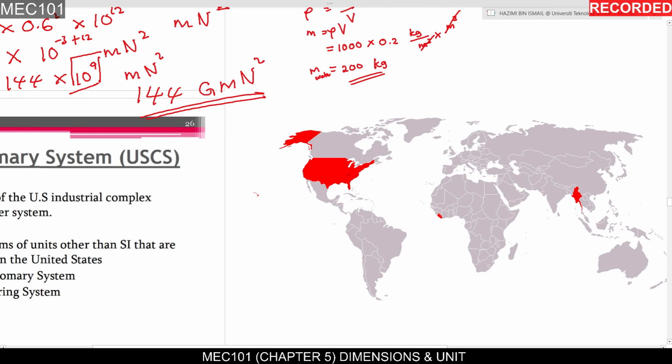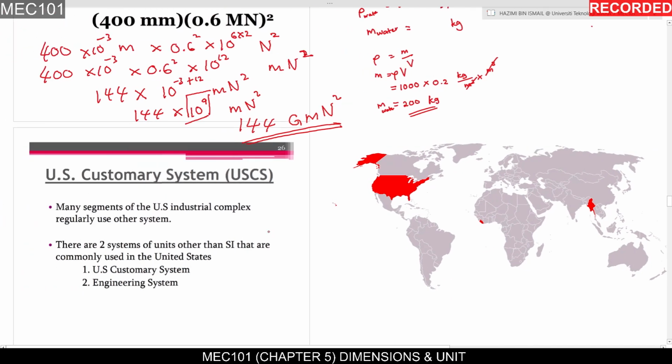So they are stubborn, do as they like, and don't want to change. So we other countries still have to learn these customary units. But this is very inferior compared to the SI unit. The SI unit is more superior, more accurate, the best for scientific terms.